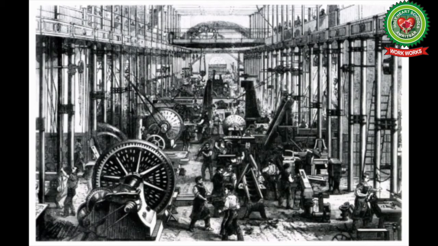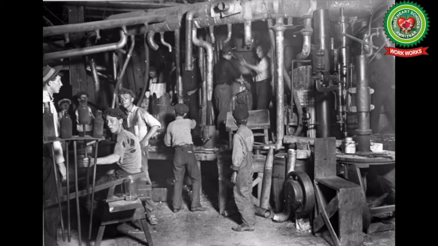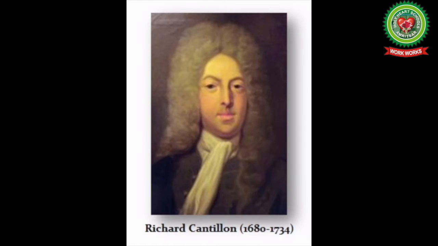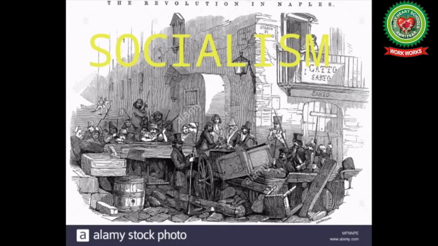This system believes that private property should be encouraged as it increases efficiency. In short, capitalism stands for the policy of non-intervention of the state in the economic activities of the individuals. Key proponents of capitalism were Richard Cantillon, Adam Smith, David Ricardo, and Milton Friedman.